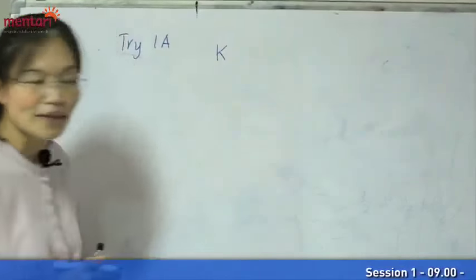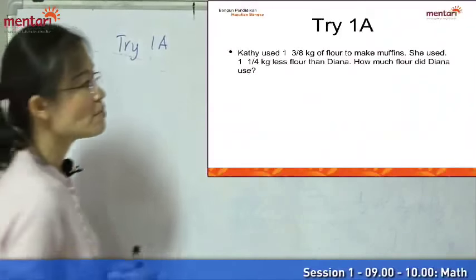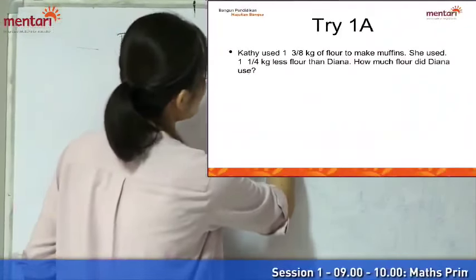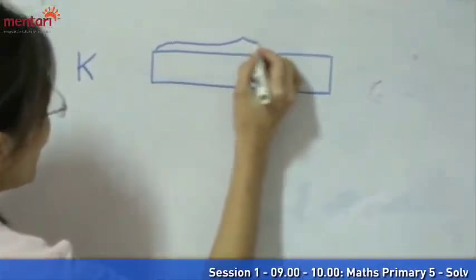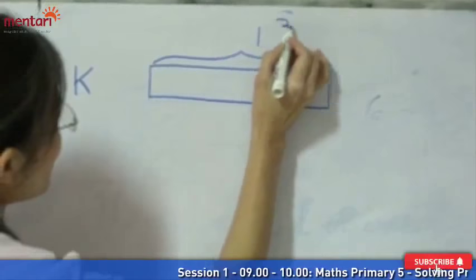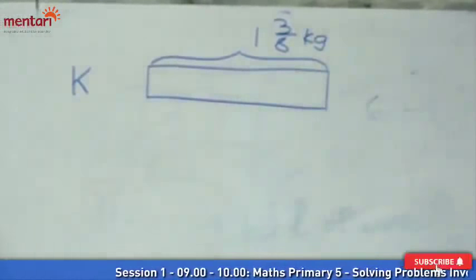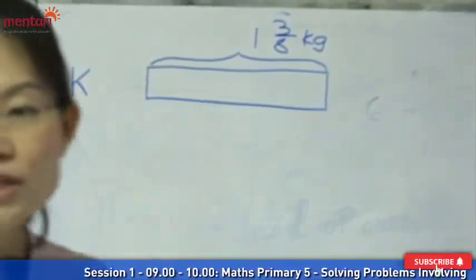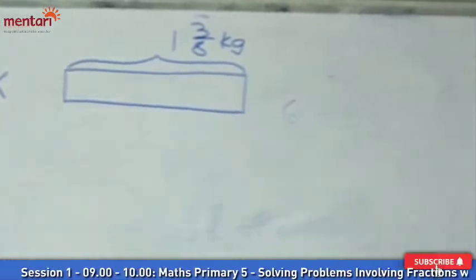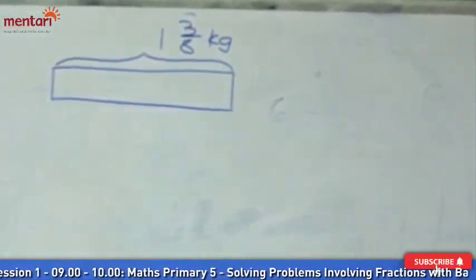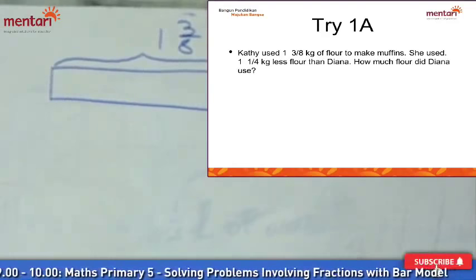I use K for Kathy, and then she used 1 3/8 kilogram of flour. So this is the bar model for that, and that is 1 3/8 kilogram. Now here is Kathy. So Kathy used 1 1/4 kilogram less flour than Diana.